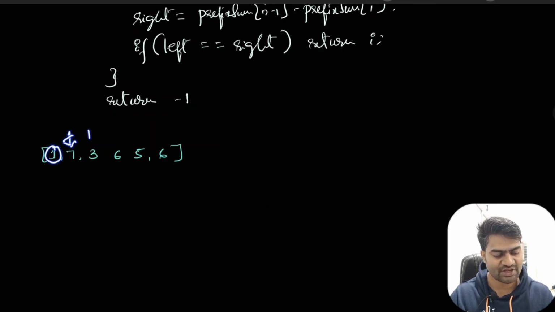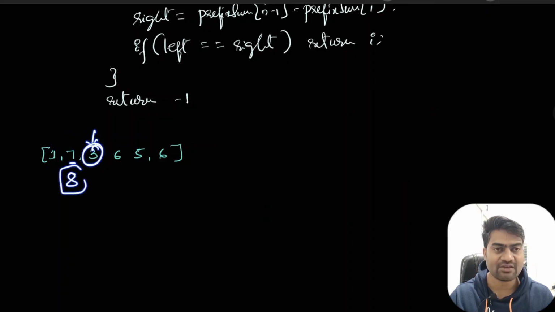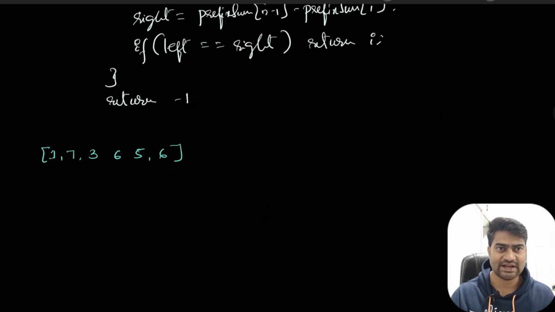When I move from here to here, to this prefix sum I'll add this value before moving. So this gets updated with 8. So when I am processing this value, I will have my prefix sum as 8. On the go, I can simply find my prefix sum. So this gives us one value, the left value, correct?